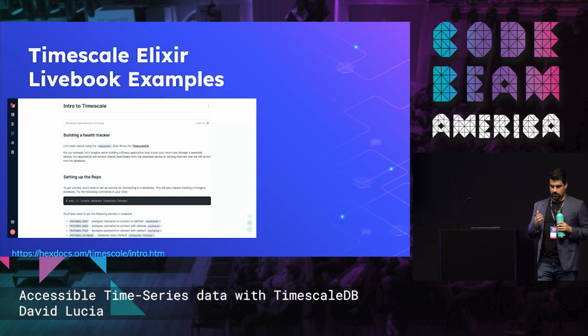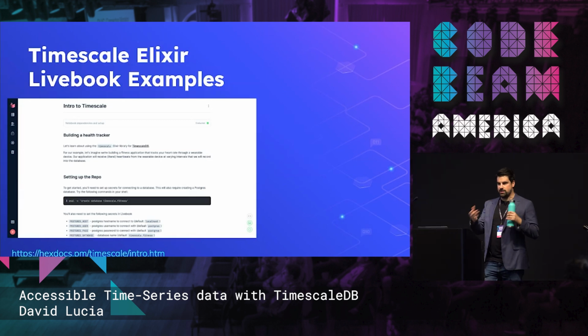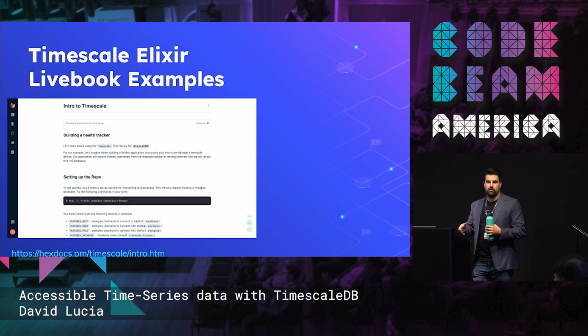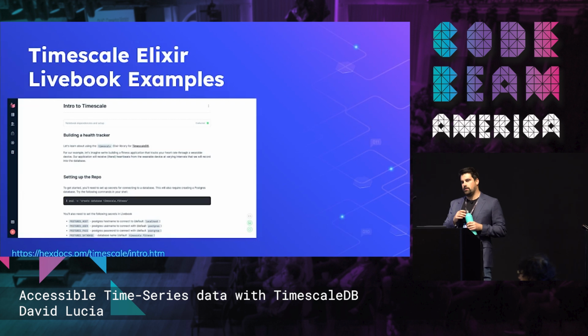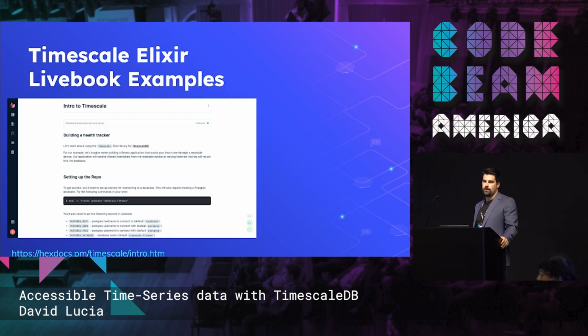Whenever a row is inserted, it's going to insert it into a chunk rather than the normal table architecture. So it's transparent but opaque to you. You just write data as you normally would, and then all of this exists behind the scenes. There's no duplication of data. It's just one table.